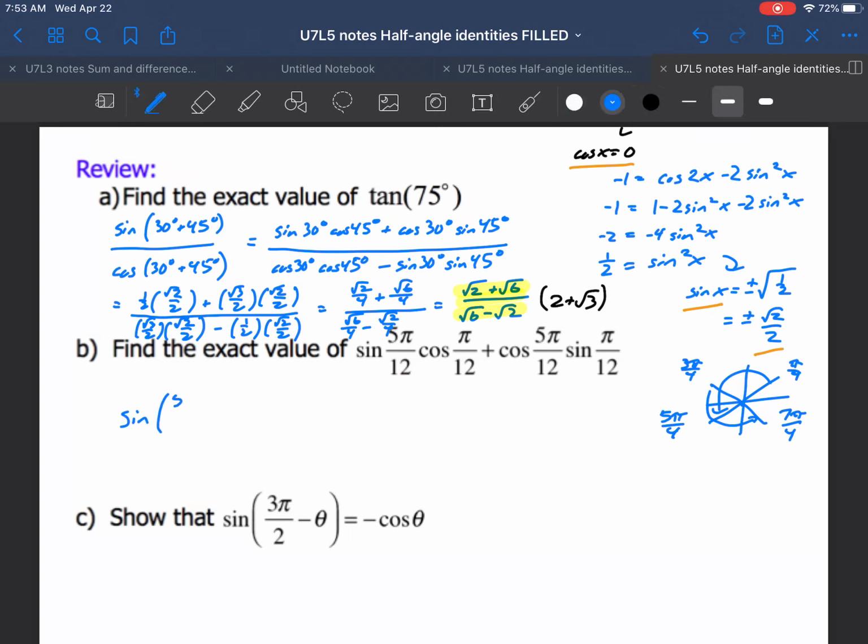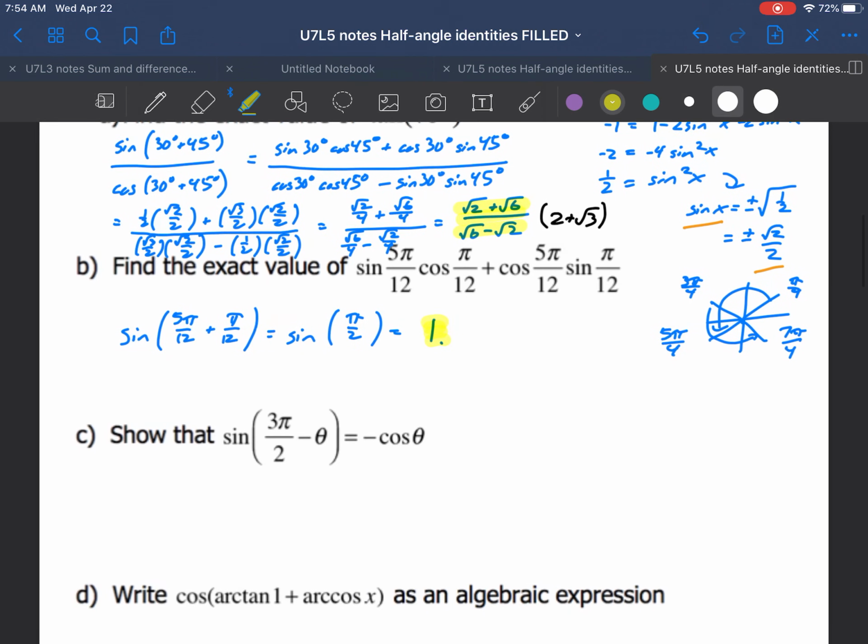So this really is the same thing as saying the sine of 5 pi over 12 plus pi over 12, which is the sine of 6 pi over 12, which is the sine of pi over 2. And that is 1. Okay. Wow, it's nice to have an easy one after a while. So that is our answer to this mess.